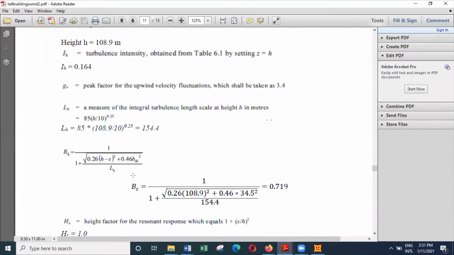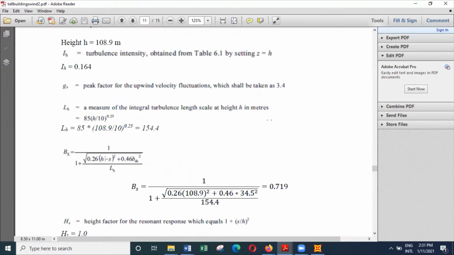BS is a background factor, and that deals with the static response of the building, and that value depends on what we call LH, or the turbulence length. So BS is a function of this.